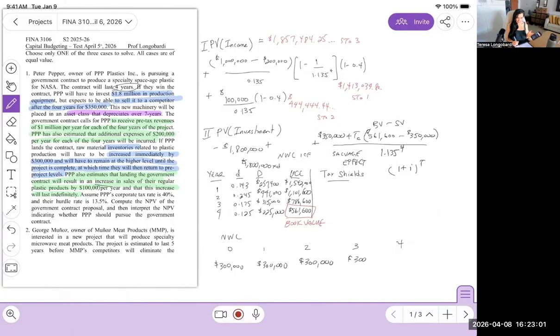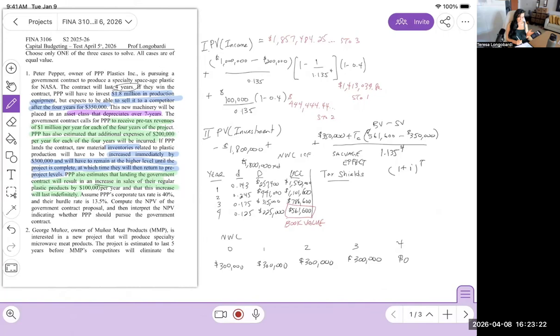Stays at 300,000. But then returns to pre-project levels at the end. So at the end, remember, these are marking the end of the period. So at the end of year 4, we need $0. And that's all we put.